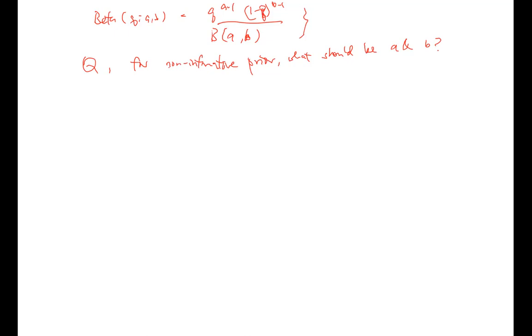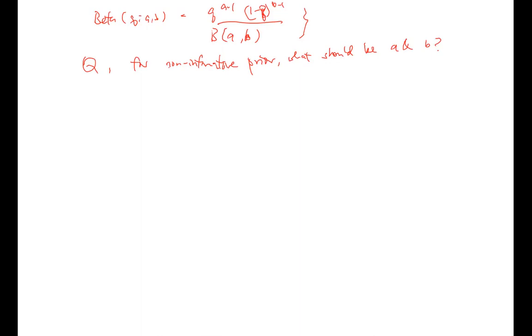Non-informative meaning that, okay, I say it's uniform because when this is a constant, right? Remember this is pi. I'm going to multiply this by the likelihood function to get a posterior probability. So if this one is a constant, it means that it's just not there. So what A and B should be so that beta will be non-informative? For example, if you don't know anything at all and you don't want to give any opinion, you still want to do something Bayesian, you still want to apply a beta here.